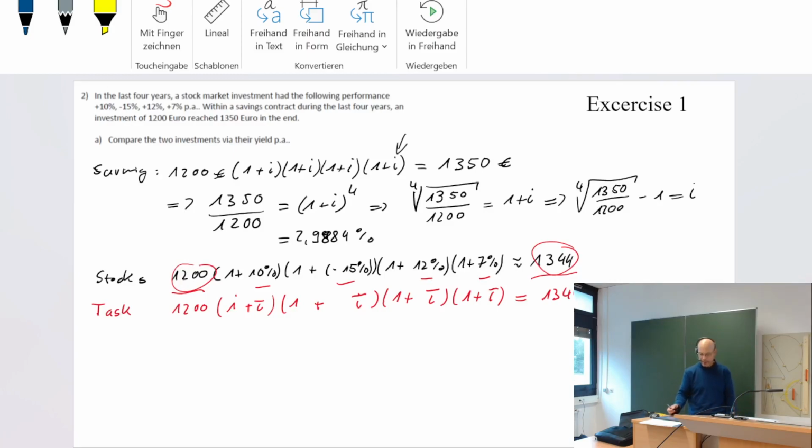And then you see this calculation is independent from the first investment.